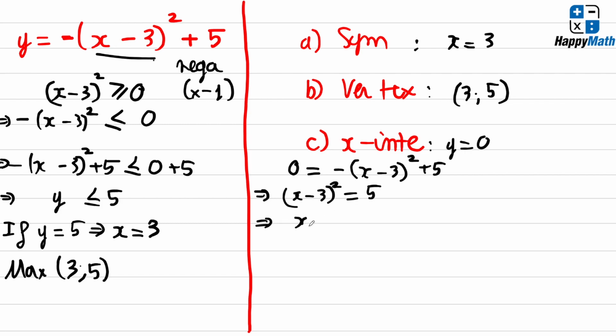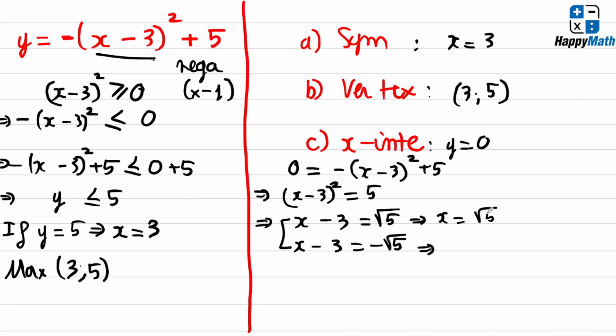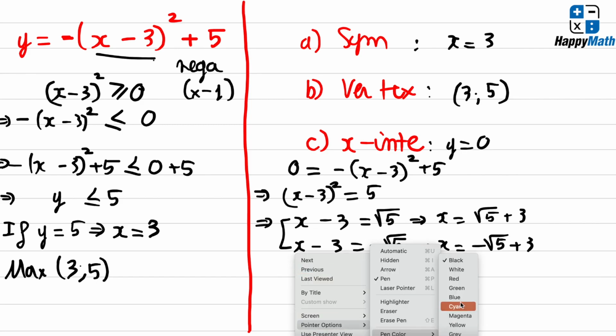So h − 3 equals square root 5, or h − 3 equals negative square root 5. You have two h-intercepts: square root 5 plus 3, and negative square root 5 plus 3. That's all.